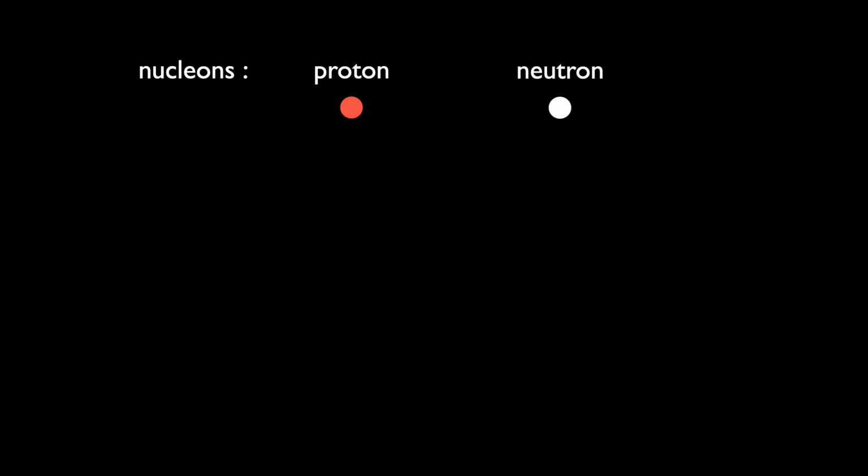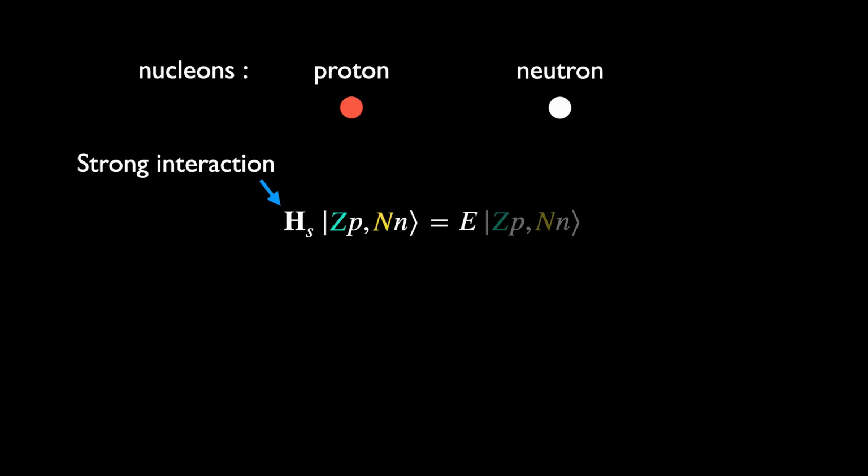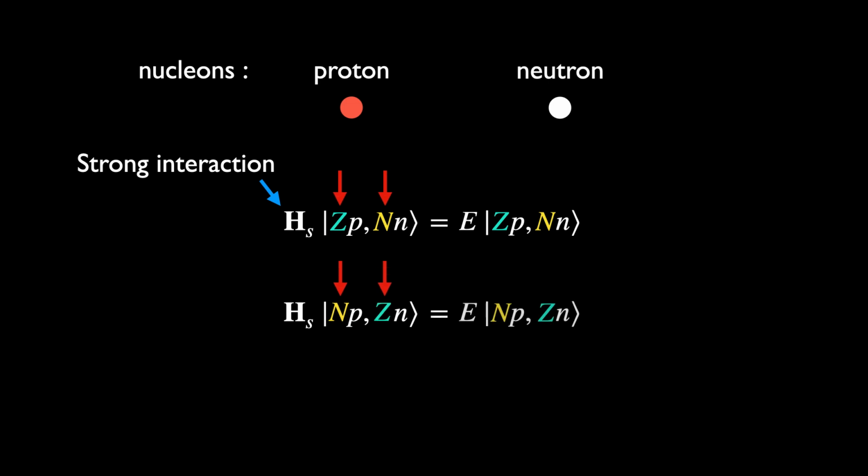A similar trend is observed in lighter nuclei, where the contribution from the electromagnetic interaction to their energies is minimal. Exchanging the proton and neutron numbers within a nucleus gives us another nucleus with similar energy.